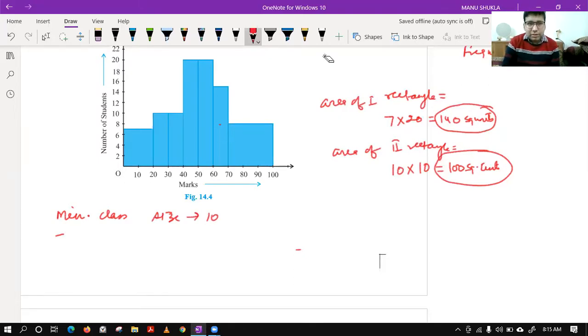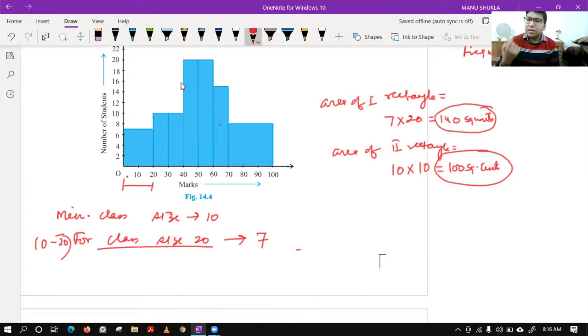So in the first case, for class size 20, I'm showing you just the first case to understand the formula, and then the remaining we'll do directly. We are trying the unitary method for class size 20. In the first case of 0 to 20, what is the frequency? It is 7.